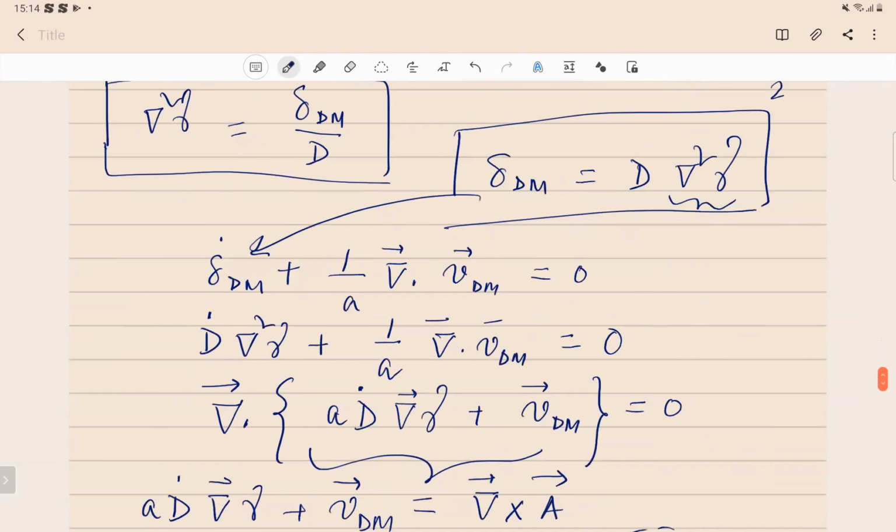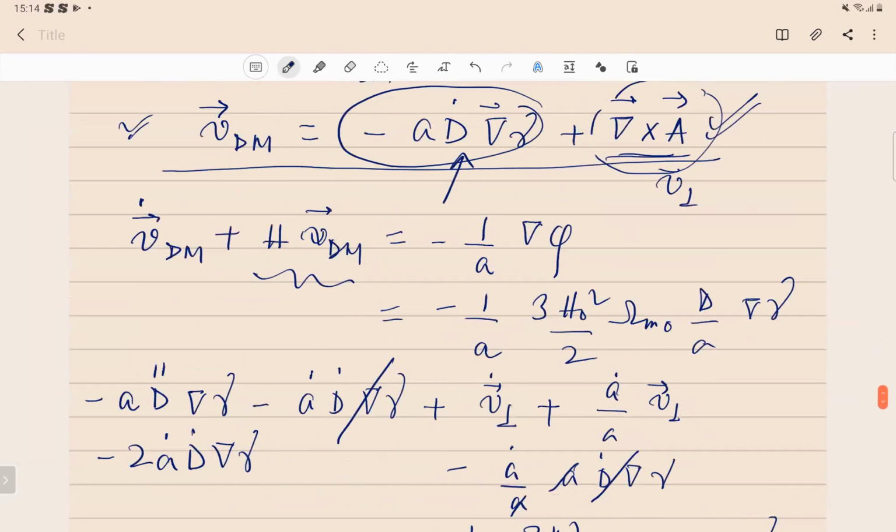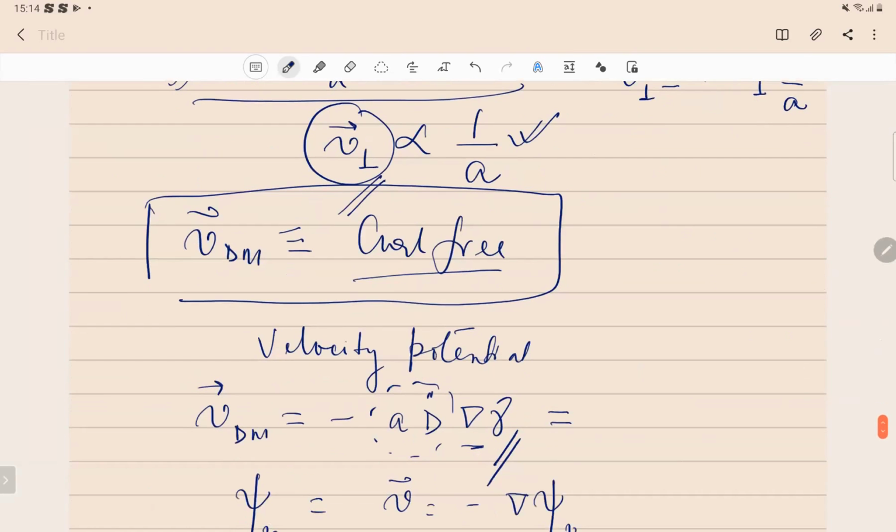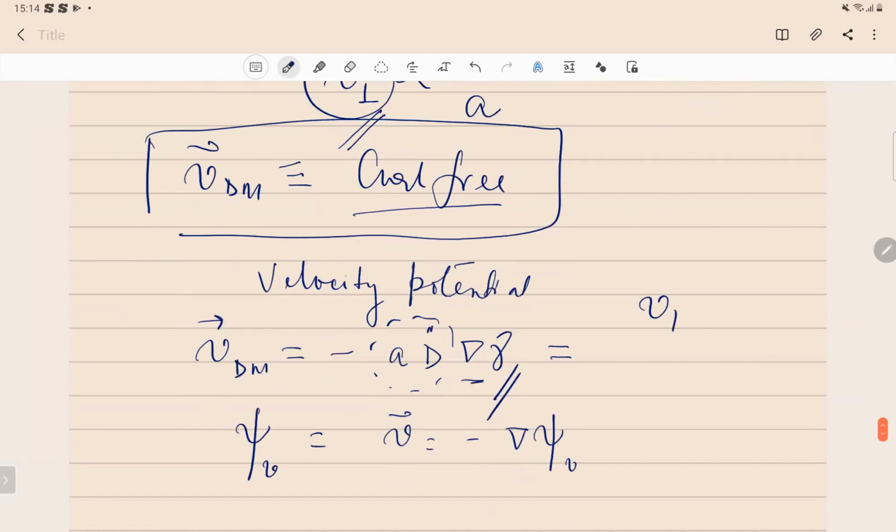More important is the other term, which has A d dot, the time part. So V dark matter, the other part is A d dot. It is actually going to grow, but slower than the density, which is of paramount importance.